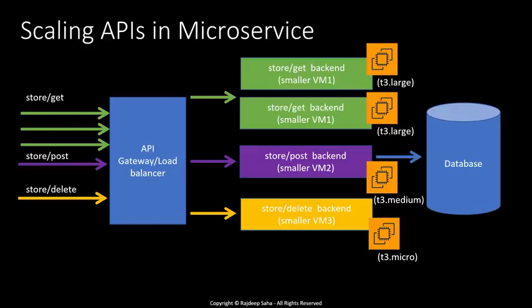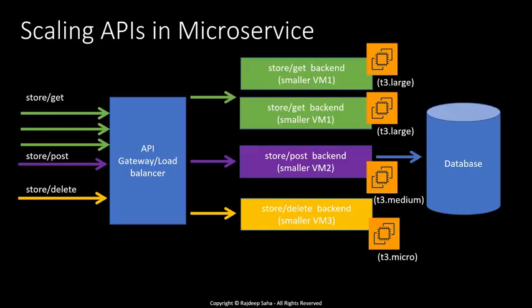If you are using the single database for multiple microservices, you do need to keep in mind as the microservices scale, the database should be able to handle the increased connections. Generally, there are a lot of techniques to optimize the reading from the database, such as you can use read replica, caching, etc.